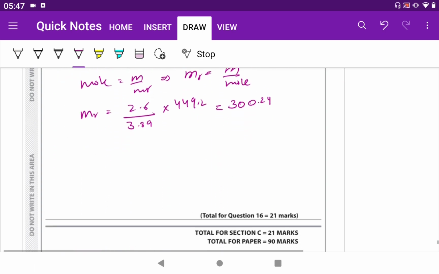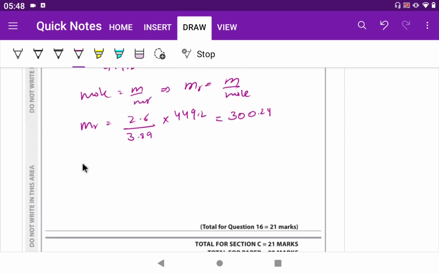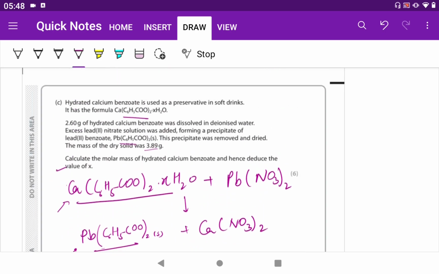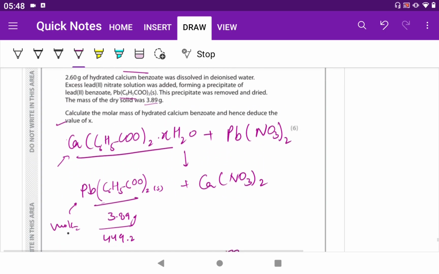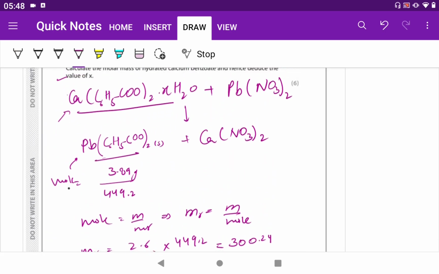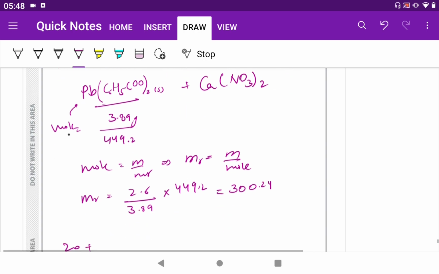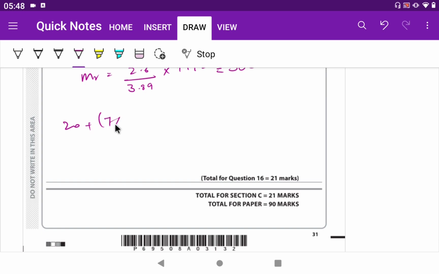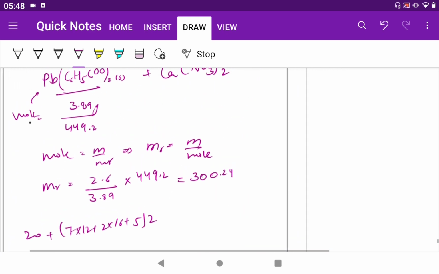Okay, now I need to use this formula for finding out the value of X. The calcium plus 6 carbon, 6 plus this 7 carbon, 2 oxygen, and 5 hydrogen multiplied by 2. So 7 carbons, 2 oxygens, 5 hydrogens, multiplied by 2, plus X times 18.